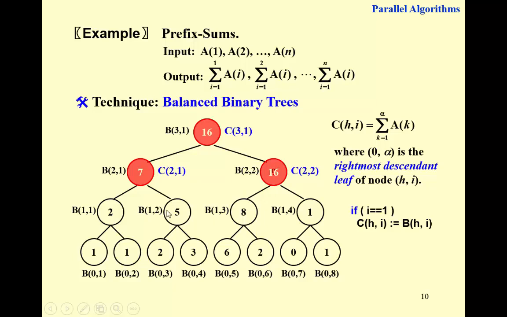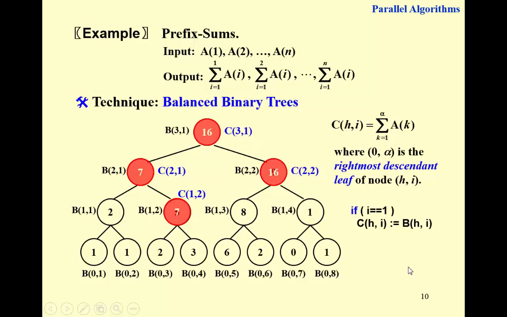All right, let's check out another one. Let's check out this node. What is supposed to be C of 1,2? It should be the prefix sum up to 4, right? It's supposed to be the same as this C of 2,1. So C of 1,2 is supposed to be equal to C of 2,1, where C of 2,2 is supposed to be equal to C of 3,1.